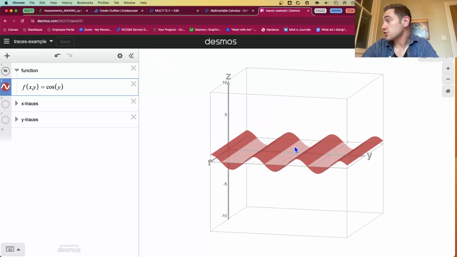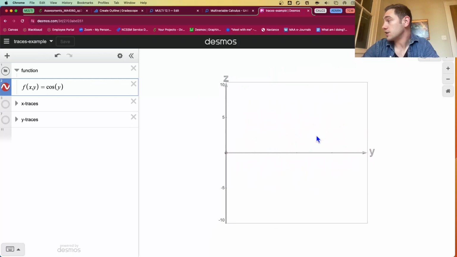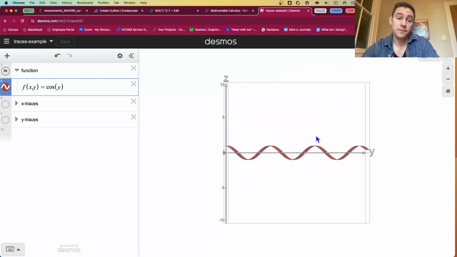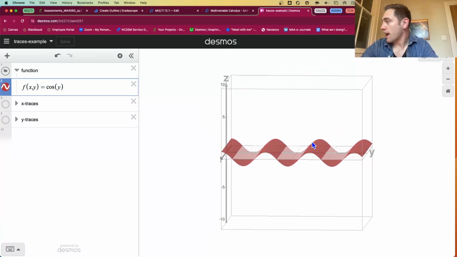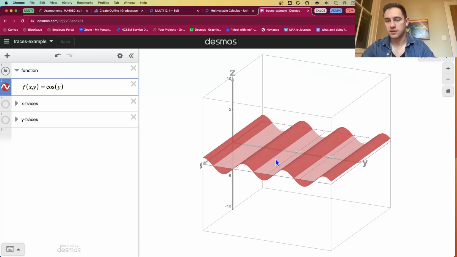So if I were to stare straight down the x-axis, I would just see the graph of z equals cosine y. And that graph is simply extruded. That's the verb that I like to use there. It's extruded down the x-axis. Okay, so this is exactly what we call a cylinder.